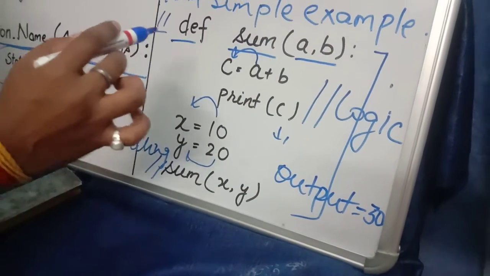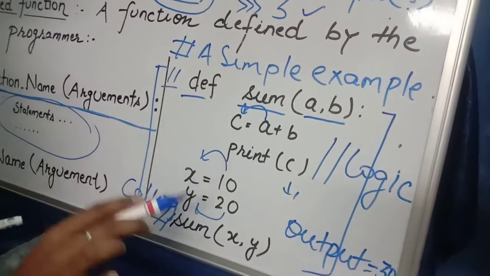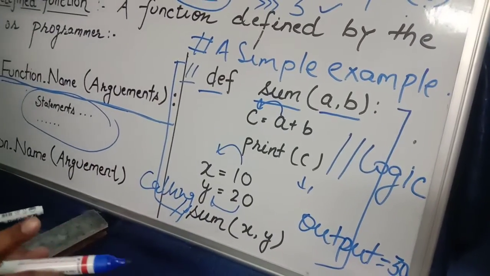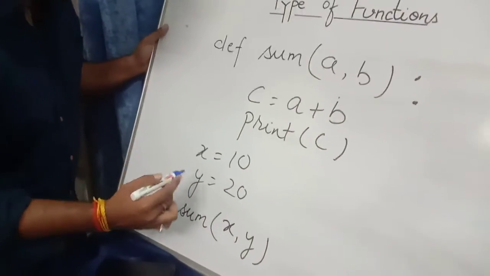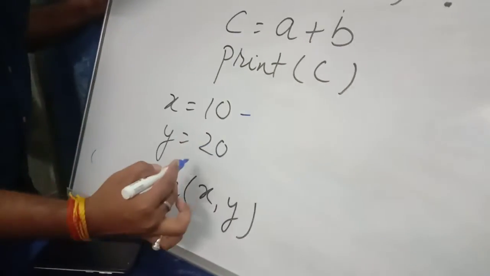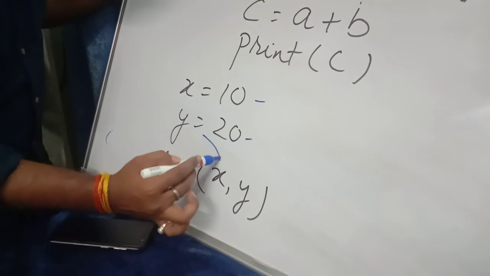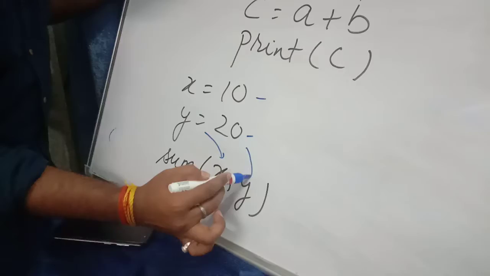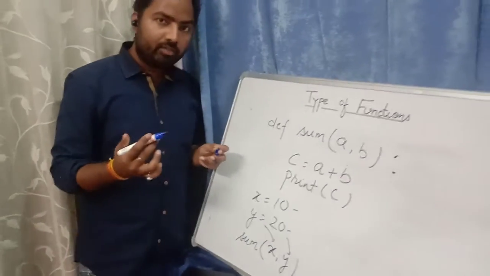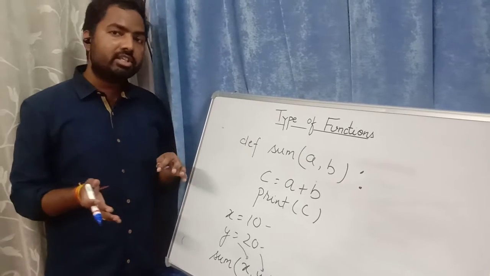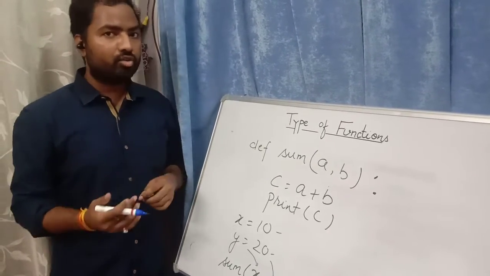Now I will explain the working of this code fragment. The value of x is 10 here and the value of y is 20 here. The value of x will be reflected here and the value of y here. Actually the working of the function is based on the matching of formal arguments to actual arguments.